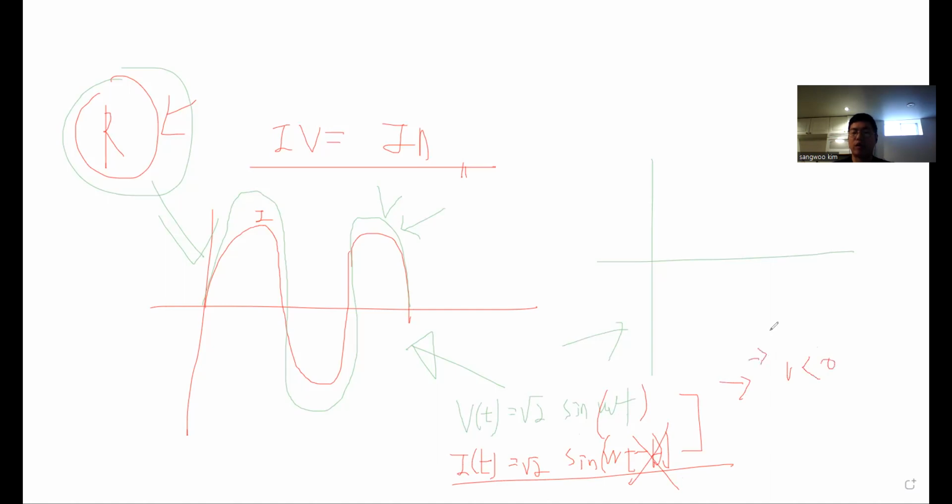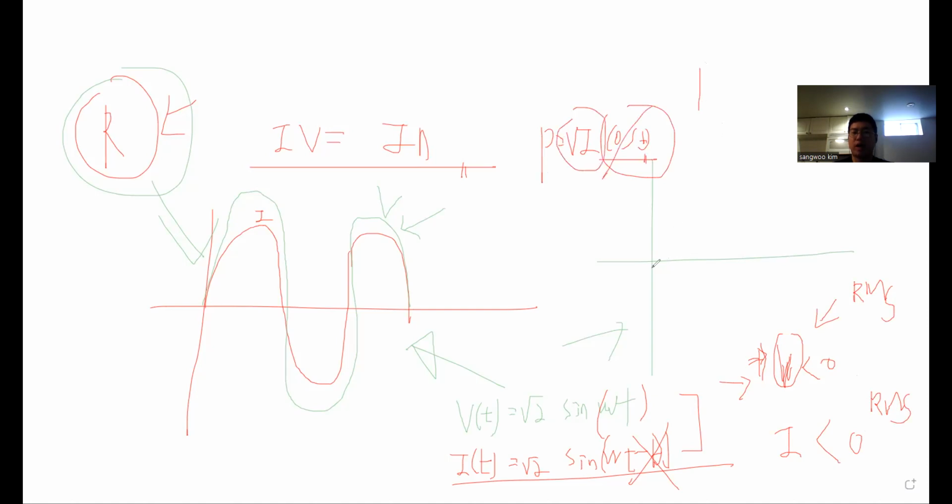If we draw it as a phasor, this V is now RMS, not peak, and I is also RMS. So P is VI cosine theta, right? But since they are in phase, this is 1.